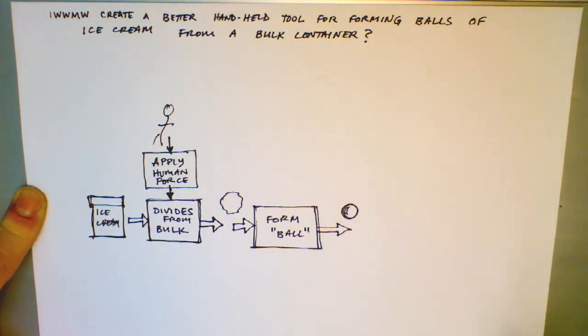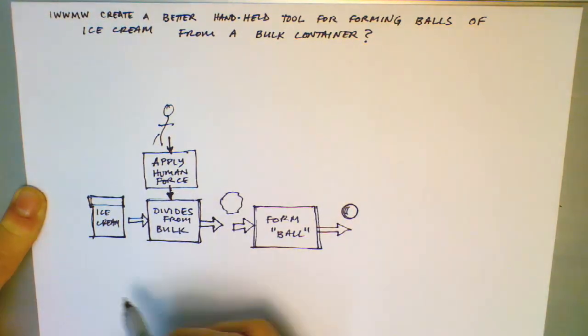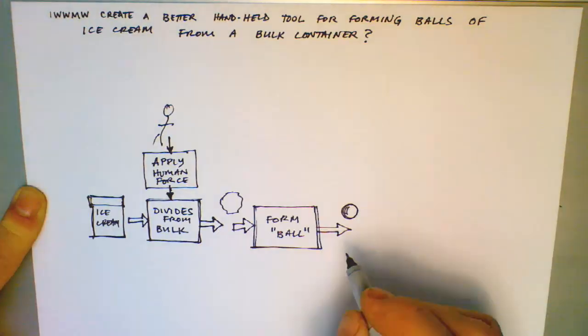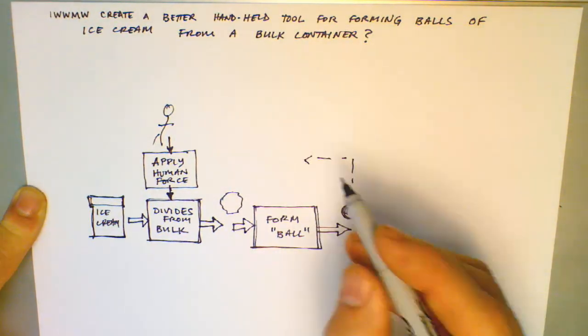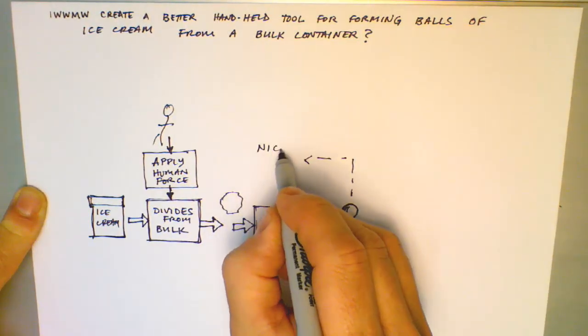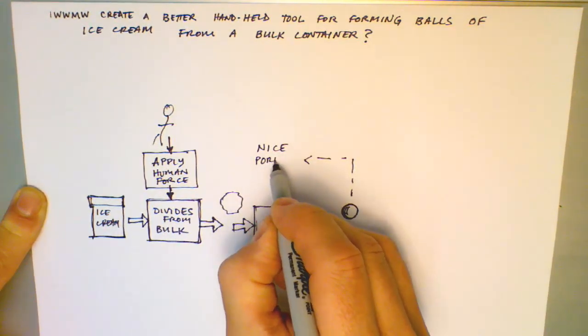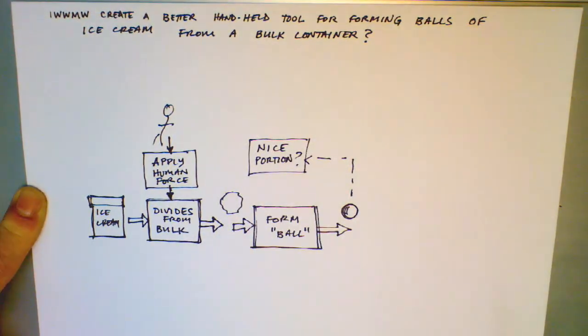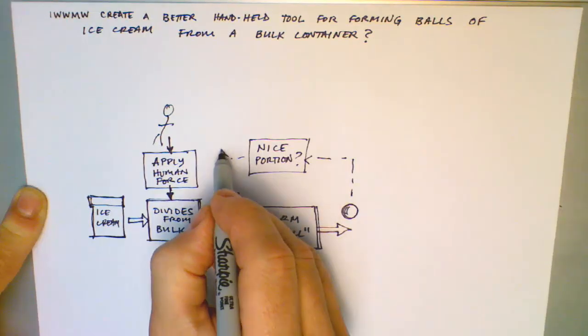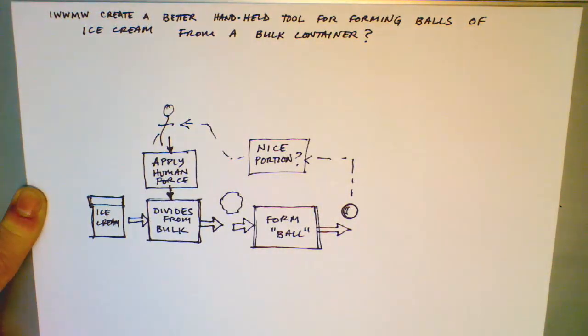And there might even be some signal, but there isn't always a signal flow. You might imagine some kind of signal, which is, is it a nice portion? And that flow goes back to the user.